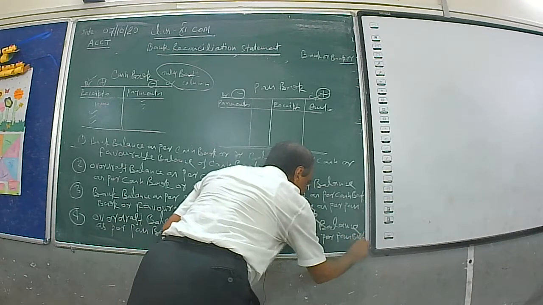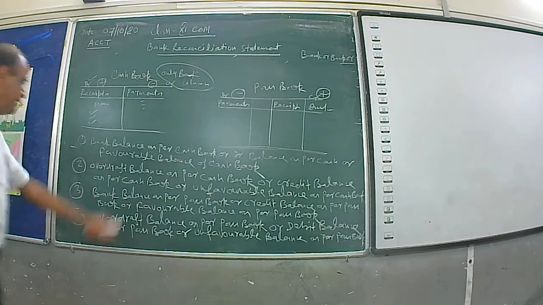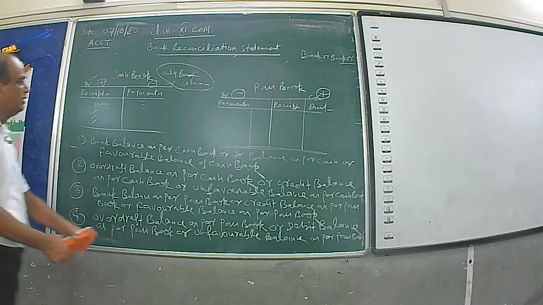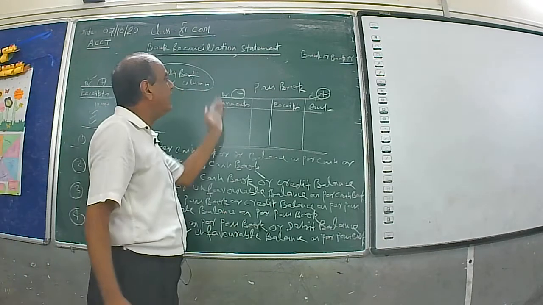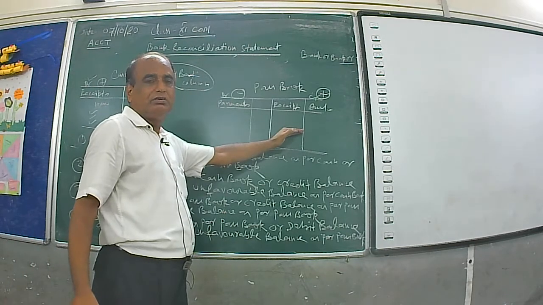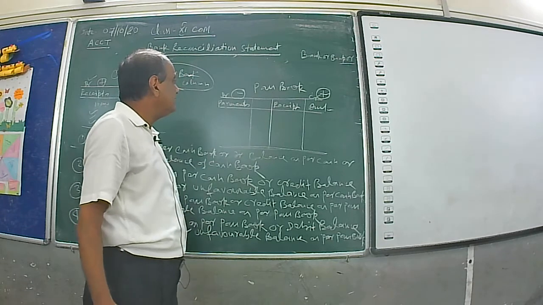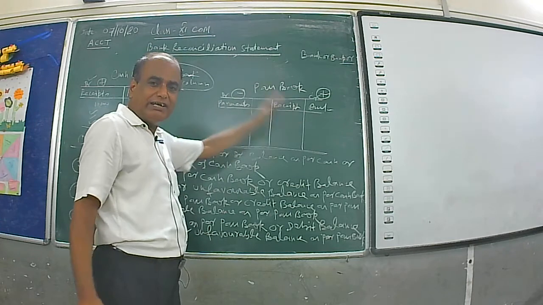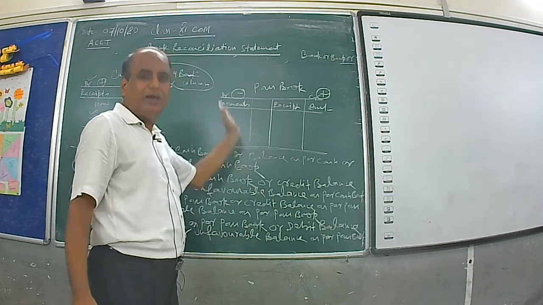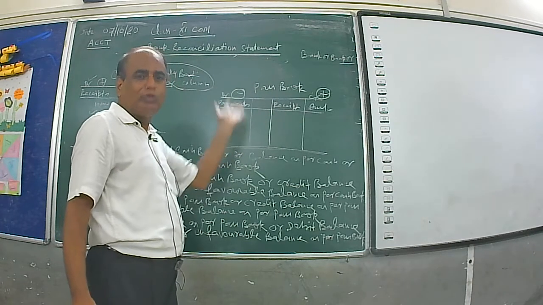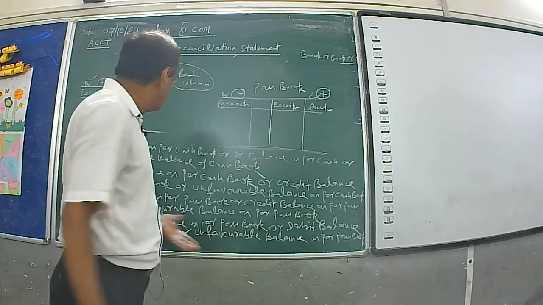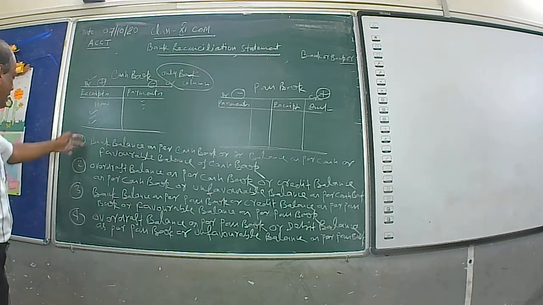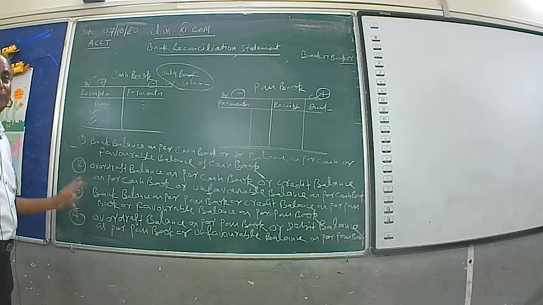See, overdraft balance as per passbook, when payment is more than receipt. Or debit balance means debit side is greater than credit side of passbook, or unfavorable because payment is more than receipt. So there will be four balances, two from cash book and two balances from passbook.